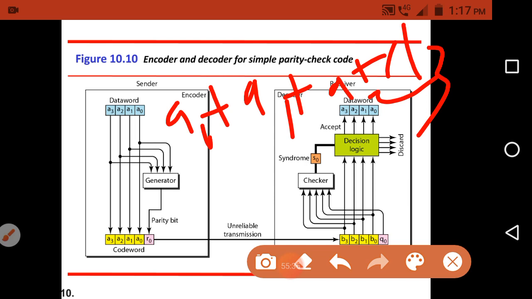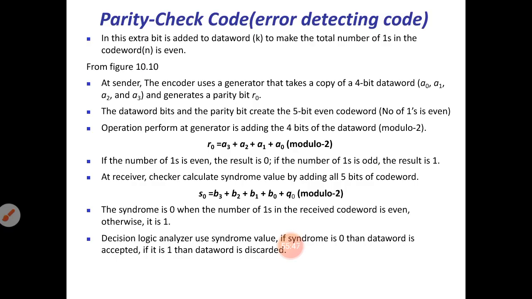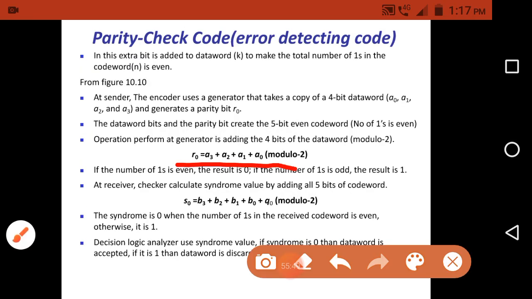After that the sum will be divided by 2. That's why they wrote a3 plus a2 plus a1 plus a0 modulo 2, meaning the sum is divided by 2. After dividing, we get a remainder, and that remainder we assign to r0.